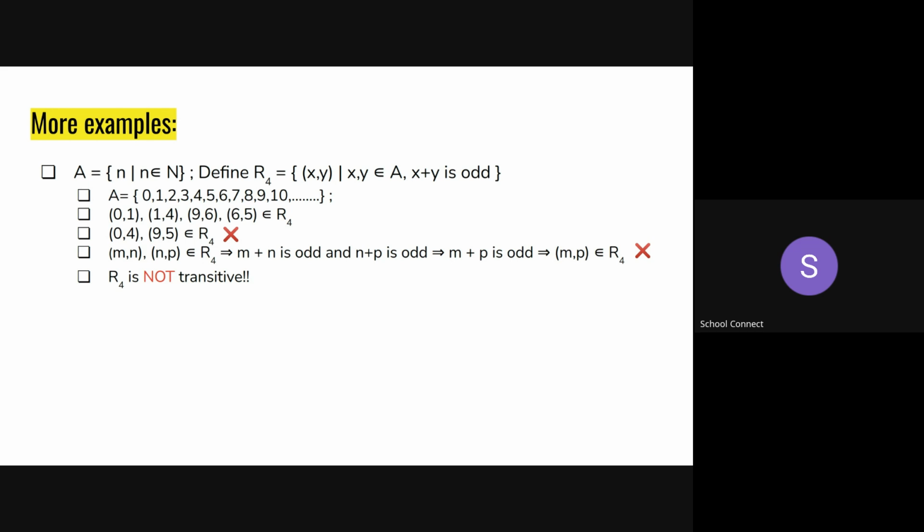But for proving, you need to prove for all the elements, all pairs. For transitive, for every pair x comma y, y comma z, you need to have x comma z. Only then you can say that it is transitive. Okay. So I think that's all about transitive.